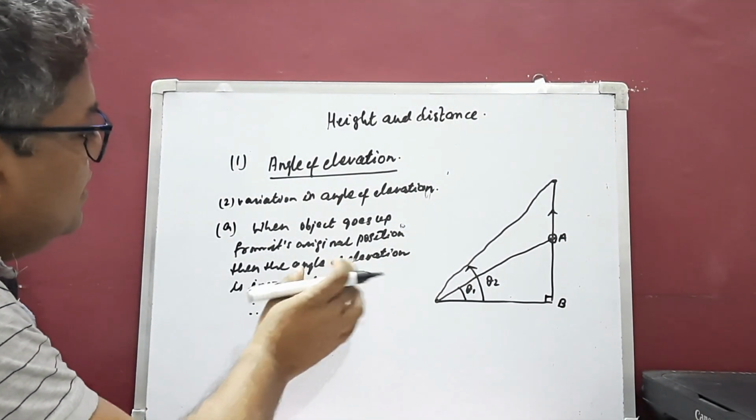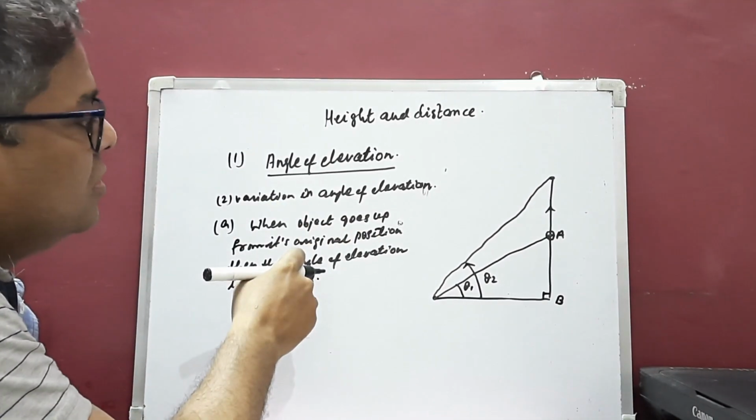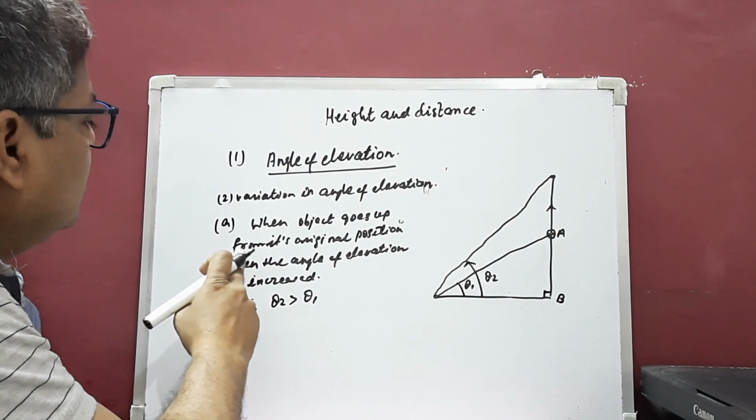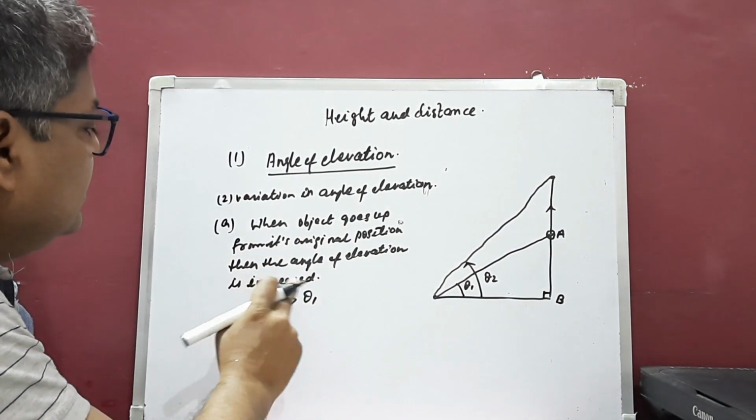And the opposite of this statement: when the object goes down from its original position, then the angle of elevation is decreased.